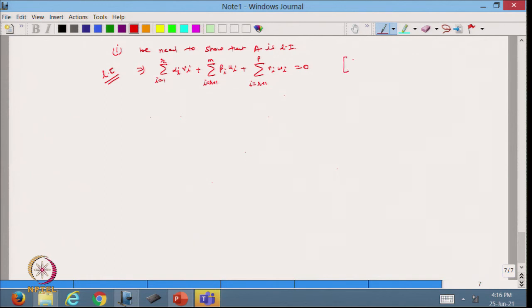We need to show that the alpha i's, beta i's and gamma i's are all 0.